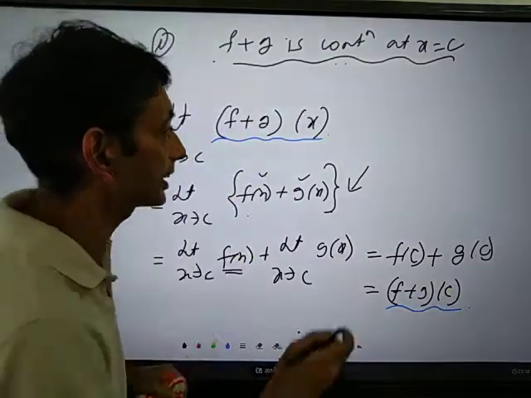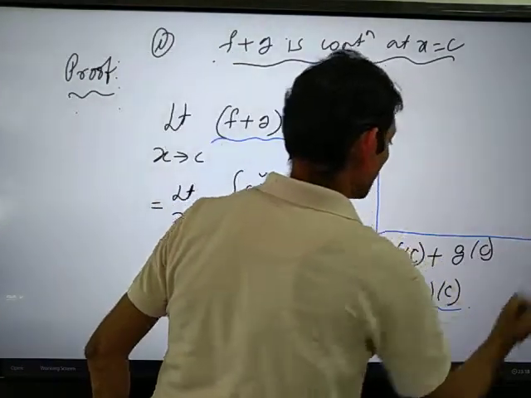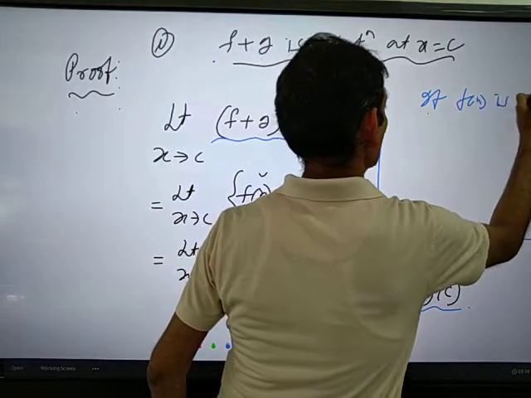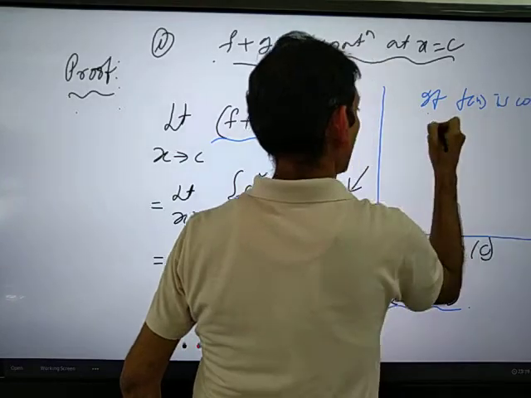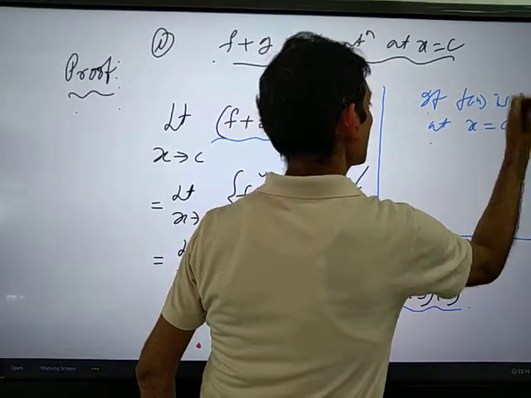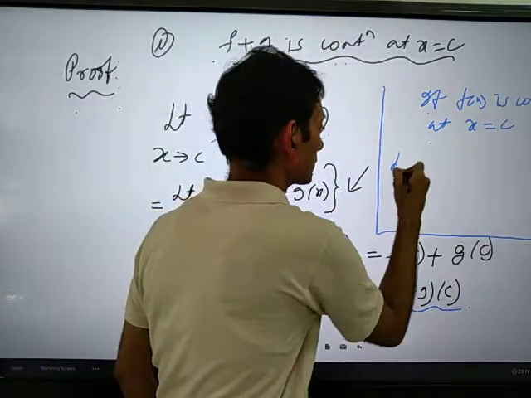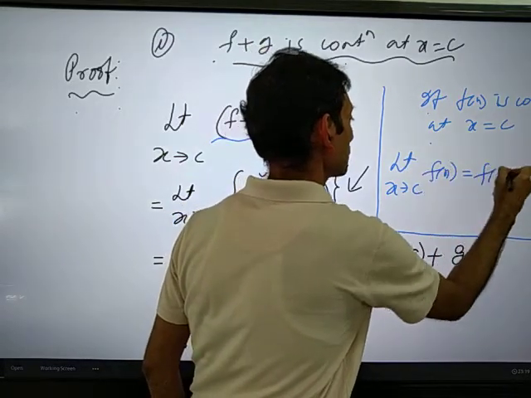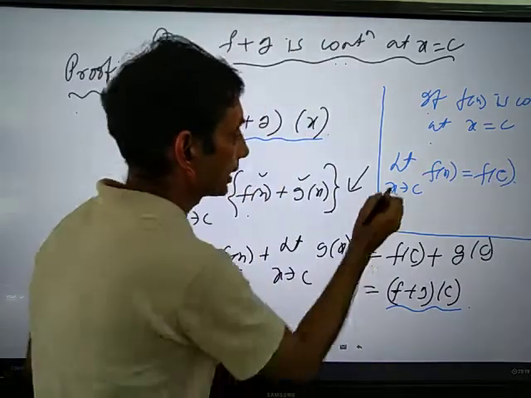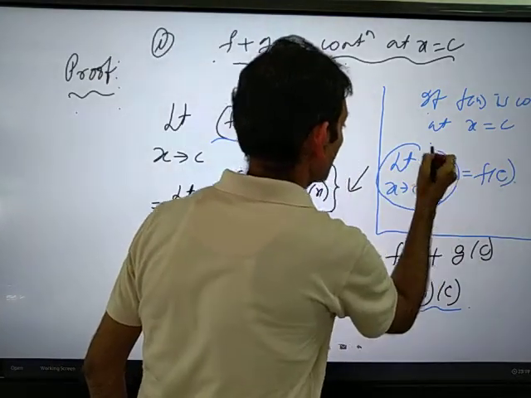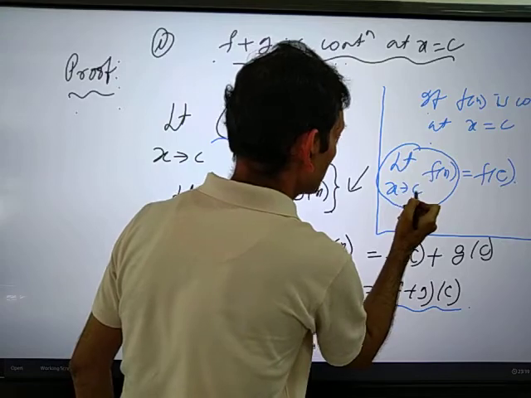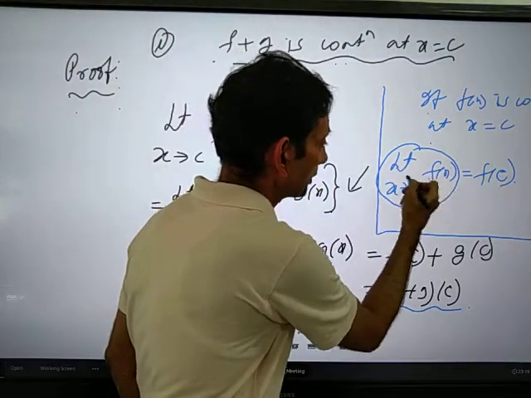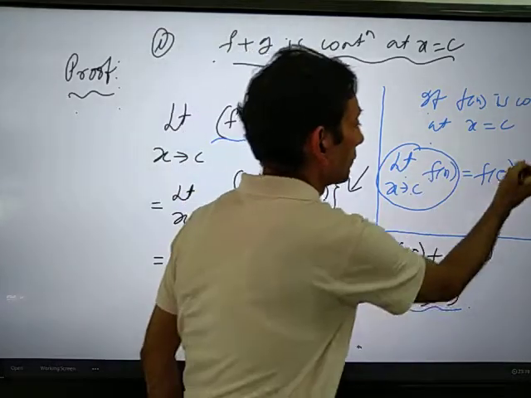Which is exactly equal to the definition of continuity. If f(x) is continuous at x equal to c, then according to the definition, the limit as x approaches c of f(x) should be equal to f(c). The meaning of this expression is that if you approach c from either direction, that means the left hand limit and right hand limit are both equal to the functional value.